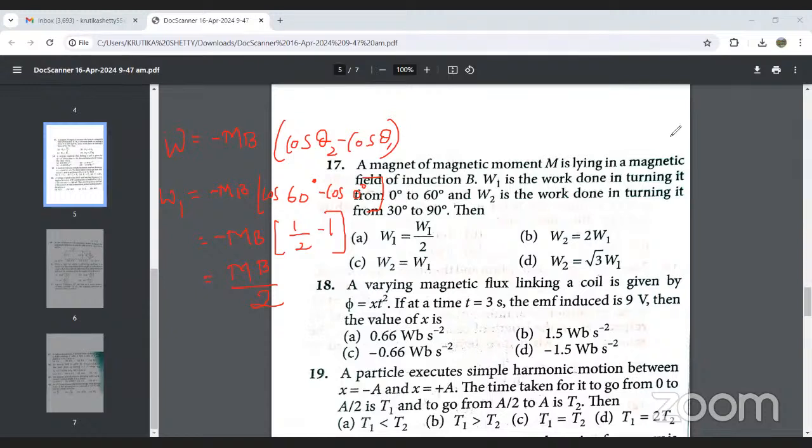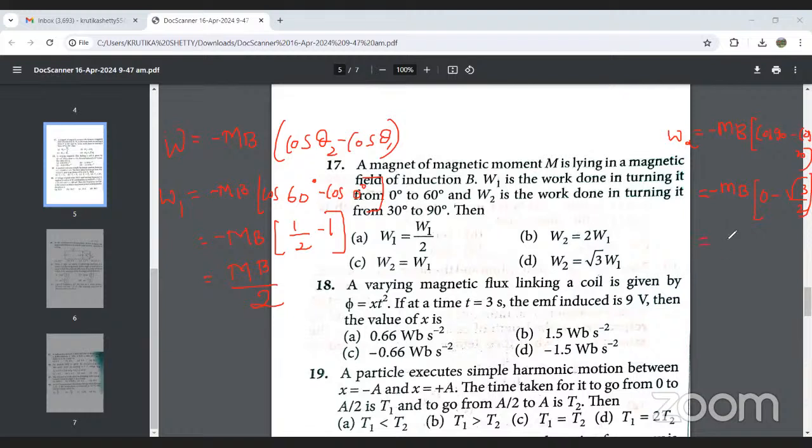So what is W2 here, students? W2 is written as the same, minus MB. The angle is how much? It is cos of 90 minus cos of 30. Cos 90 is nothing but 0. So minus MB into bracket 0 minus cos of 30, which is root 3 divided by 2.